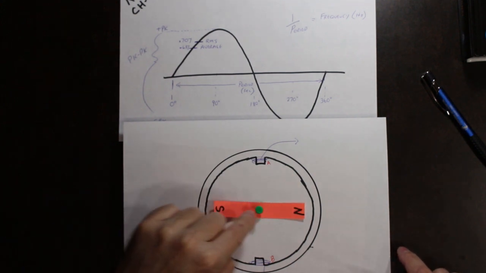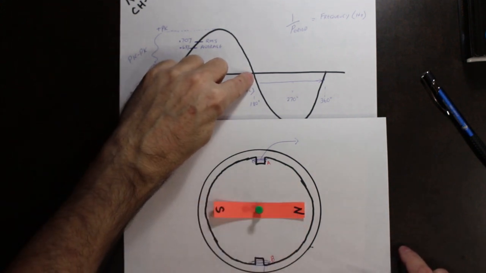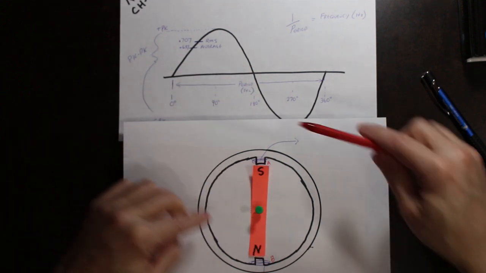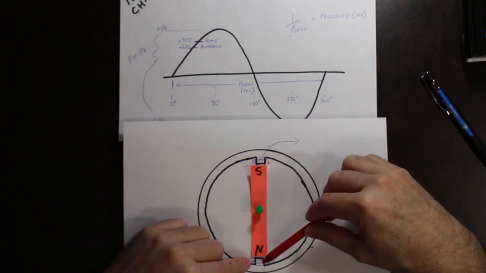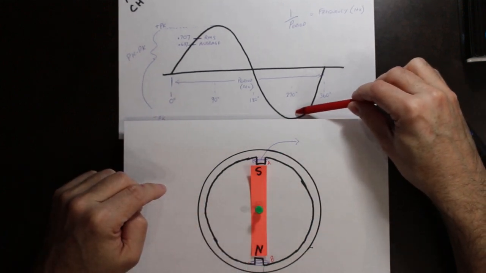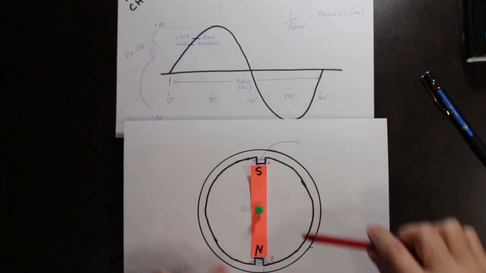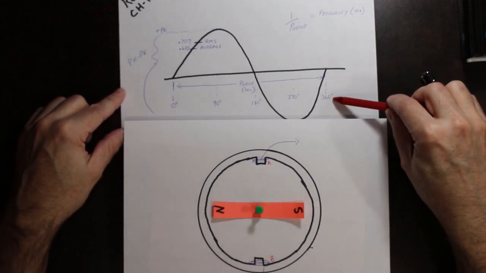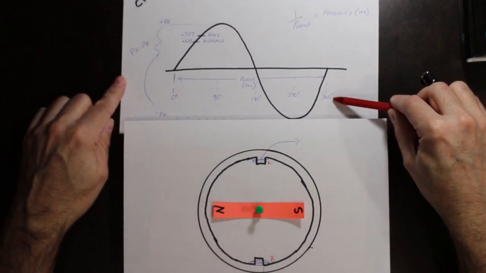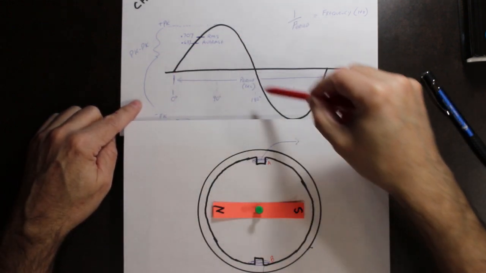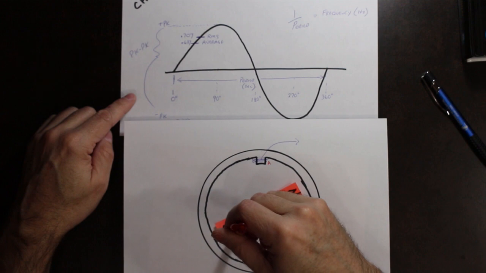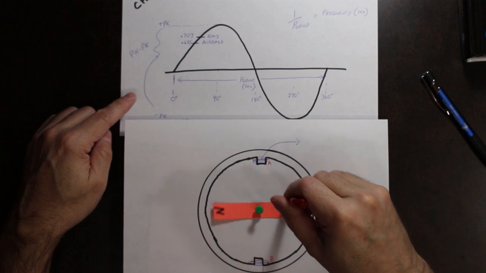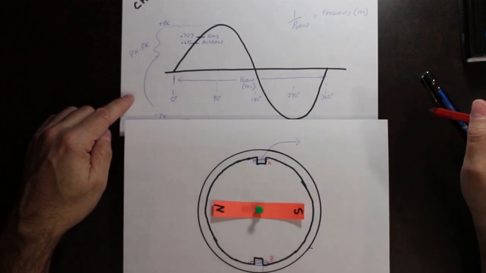We now have the rotor move all the way here, which is 180 degrees, where it crosses 0 again. And then we go here, and this is 270 degrees, and at 270 degrees we are at the negative peak value, the negative maximum value. And then we continue around to here, and we end up with 360 degrees of rotation. So one waveform is actually divided up into angular measurements, and it can look like 360 degrees of rotation.